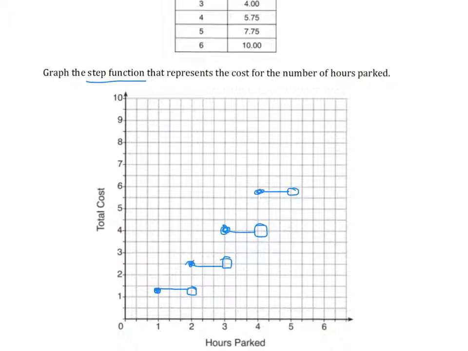And then closed dot at 5 and 7.75. Go out to 6, open dot, line, and then at 6.10 we're going to have a dot. Okay, so there's our step function.